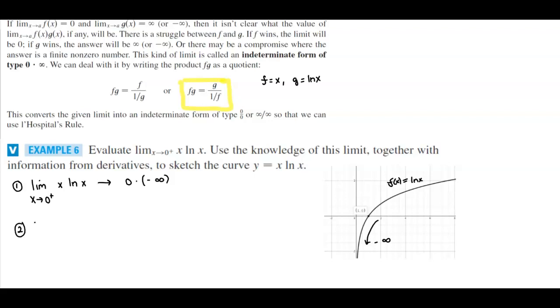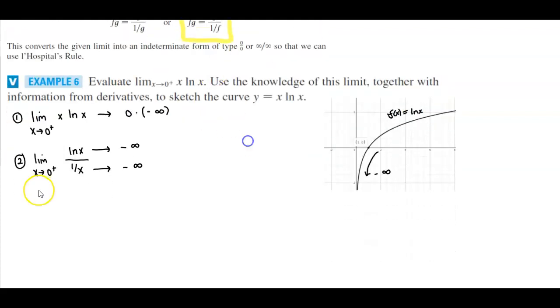So now we're going to write this as the limit as x is approaching 0 from the right of the natural log of x divided by 1 over x. Now the numerator is going to negative infinity, and the denominator is going to negative infinity.